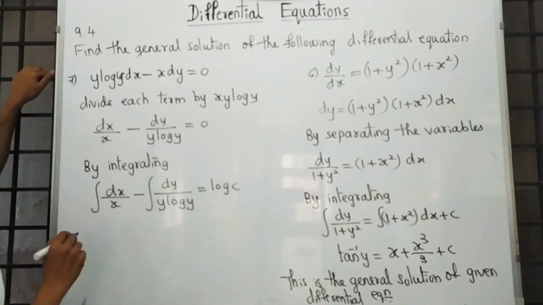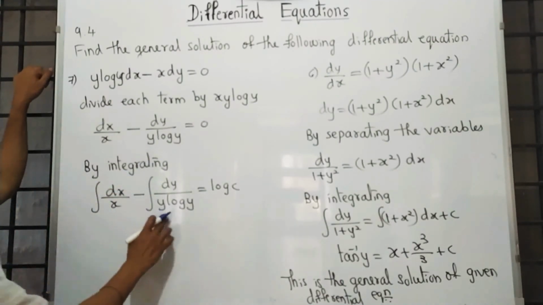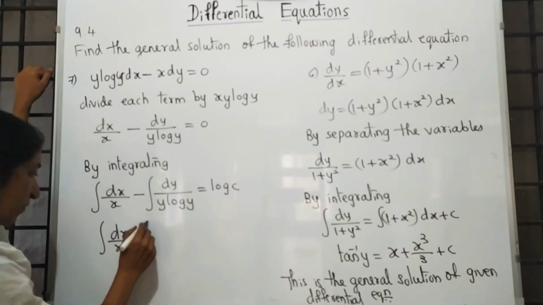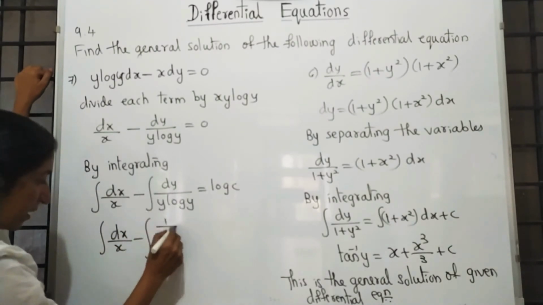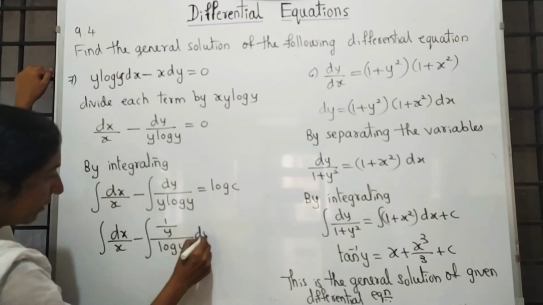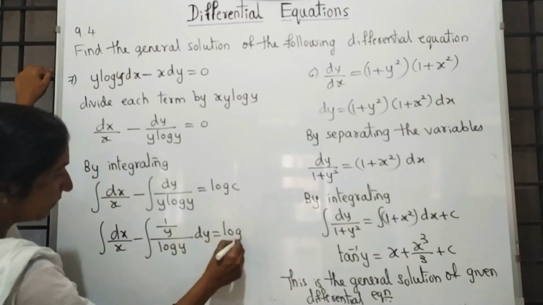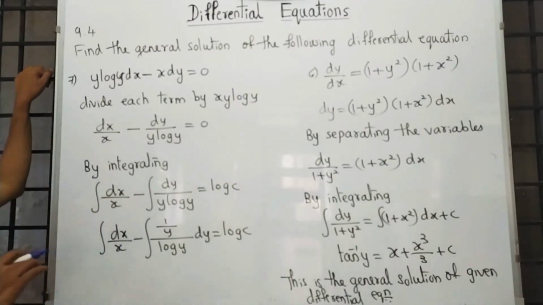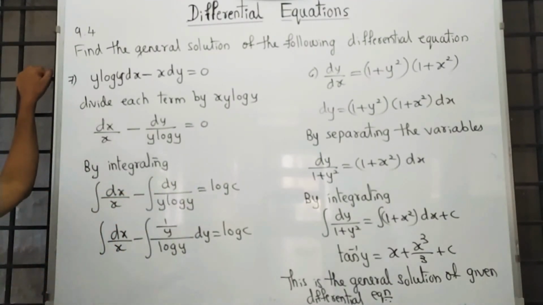See why we are writing like this? Anyhow, the integration of 1 by x is log x. Here I am making one adjustment, adjustment means just rearranging. It is (1 by y) upon log y into dy is equal to log c. See, 1 by y, it is a fraction, you can write like this. And it is in the form of f dash of x upon f of x.